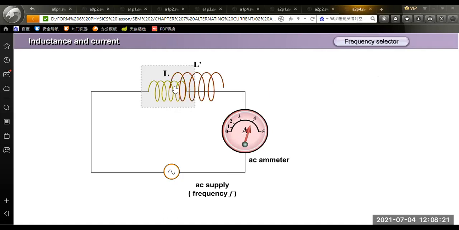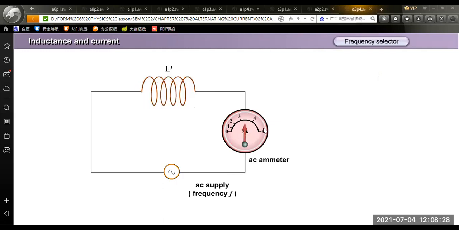What happens if I replace it with a bigger coil? The bigger the coil, the more the current will reduce. For the frequency, once the frequency increases, the current will reduce. If I reduce the frequency, the current is increased.